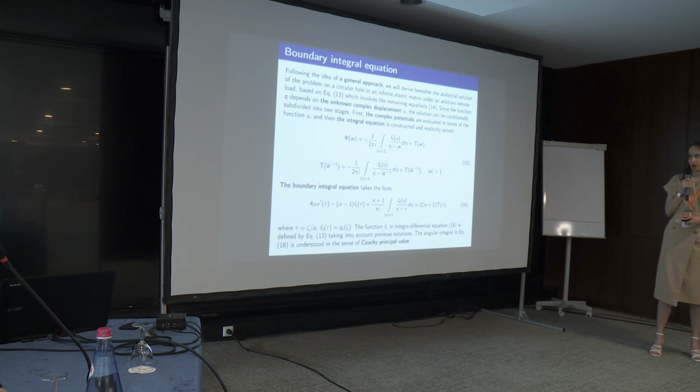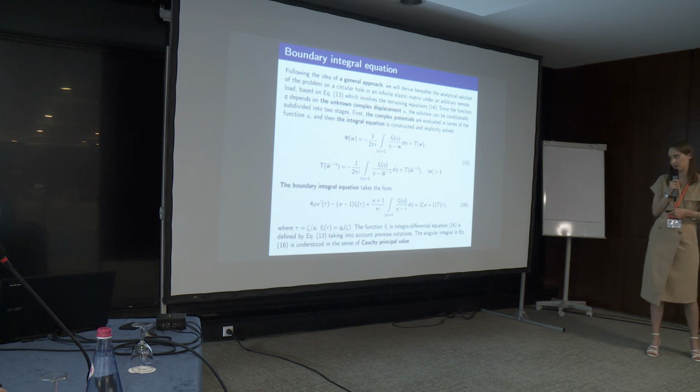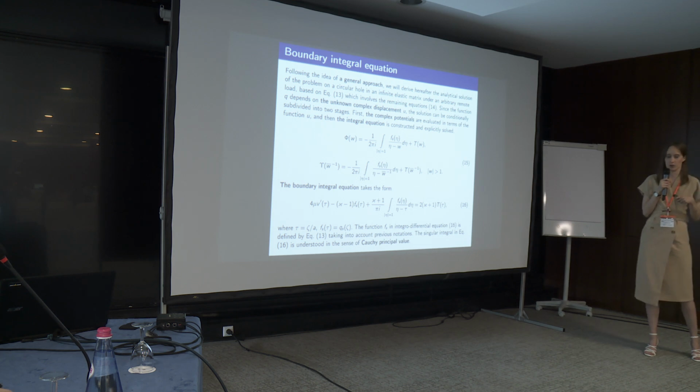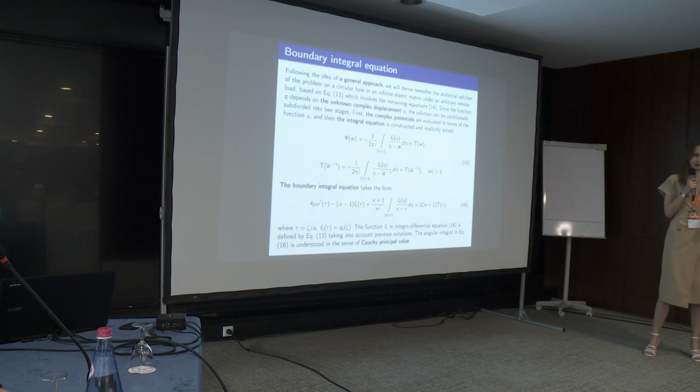Here we go to non-dimensional form and take our point on the boundary to the unit circle. Also, function Q changes to the function f on the unit circle. To find the solution of this integral equation, we present all functions here in power series with unknown coefficients, and we can combine them with equal powers and find the solution.